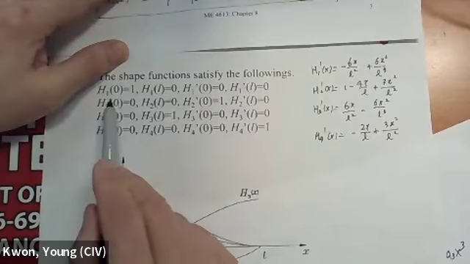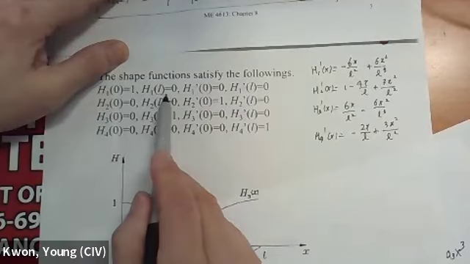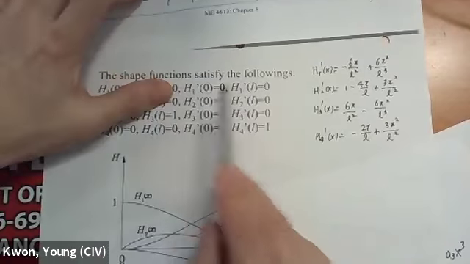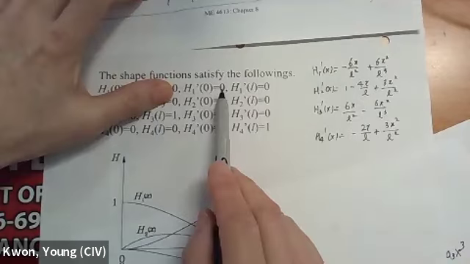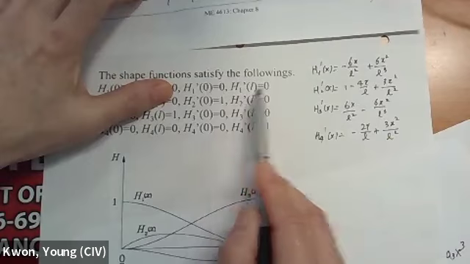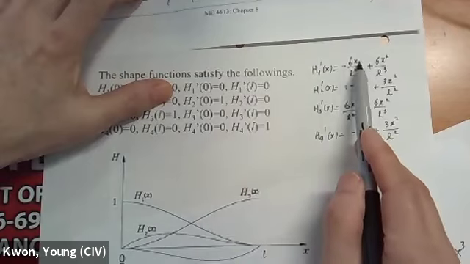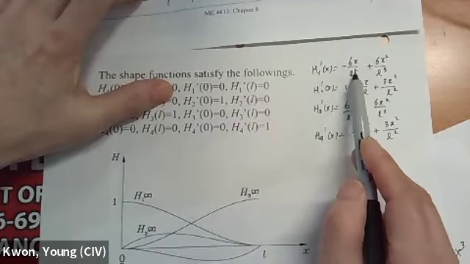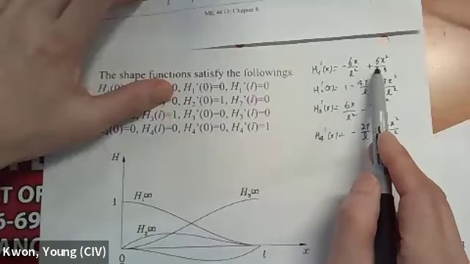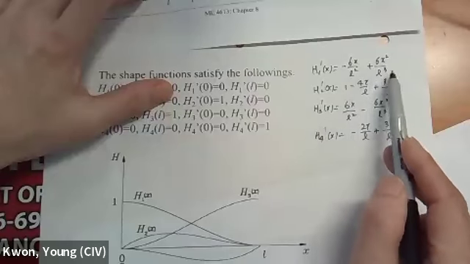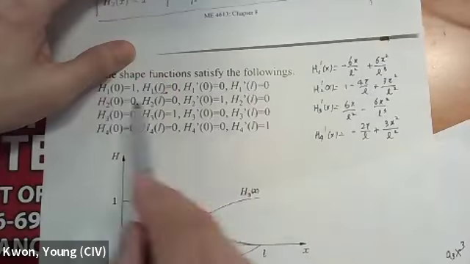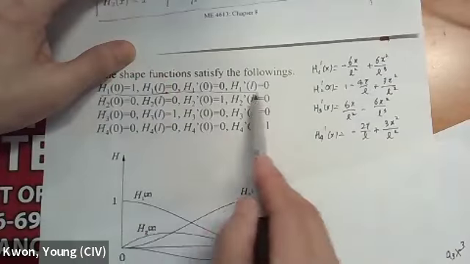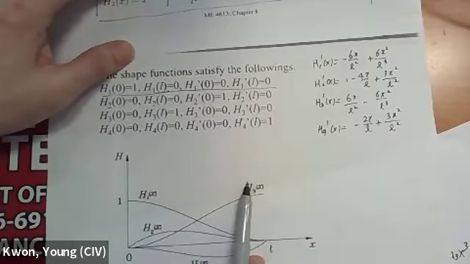If you evaluate H1 derivative, plug x equals 0, then you get 0. And if you plug x equals L, the 6 over L and negative 6 over L cancel out, which is 0. So that's the property of shape function.